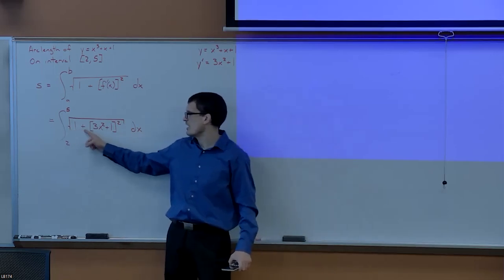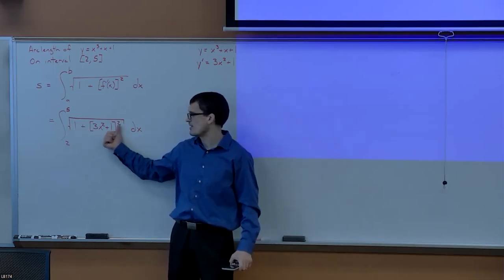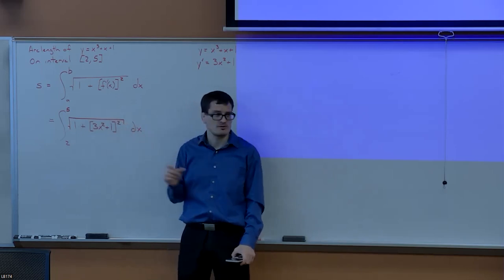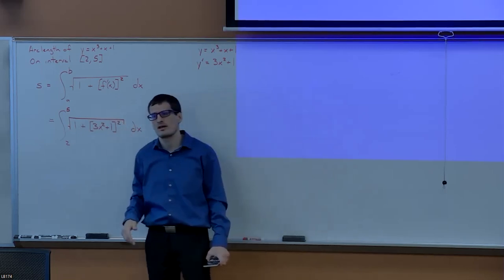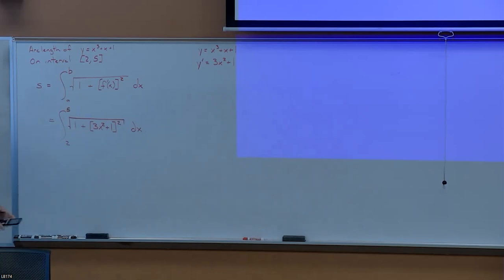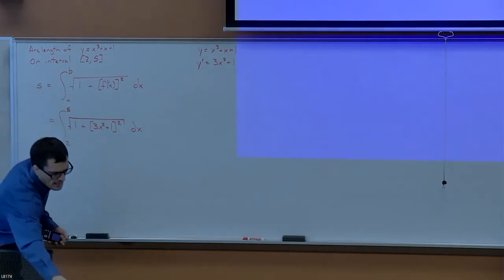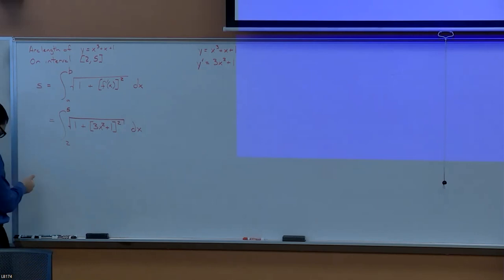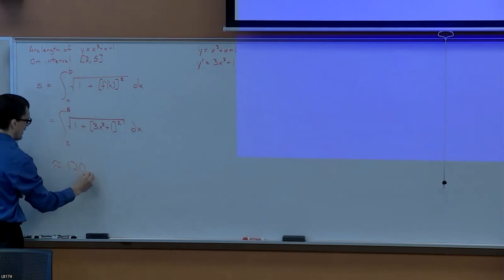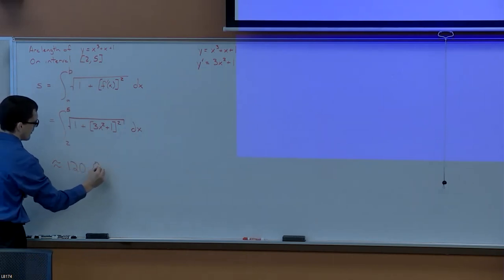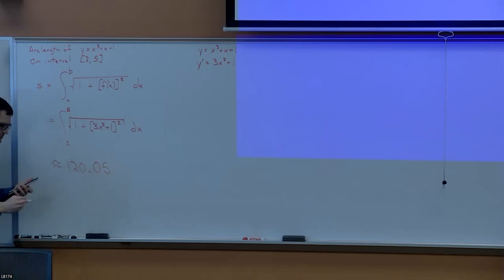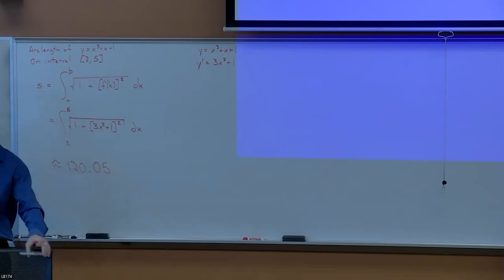We have 1 plus this whole piece squared, but it's all underneath the square root. Okay. And I got approximately 120.05. So the arc length of that curve is approximately 120.05.